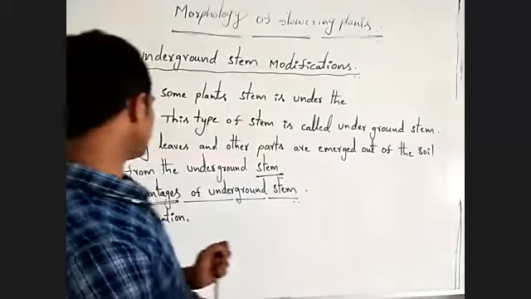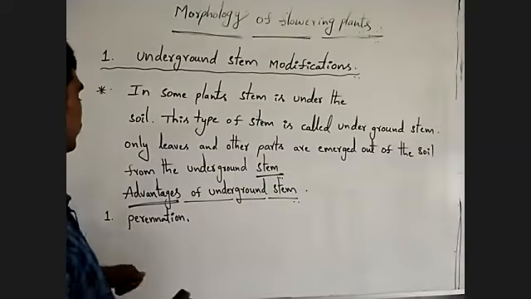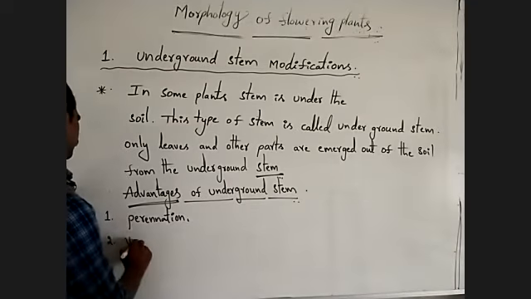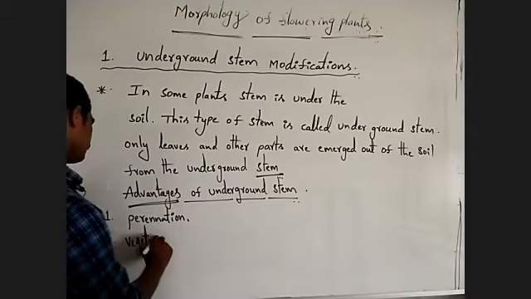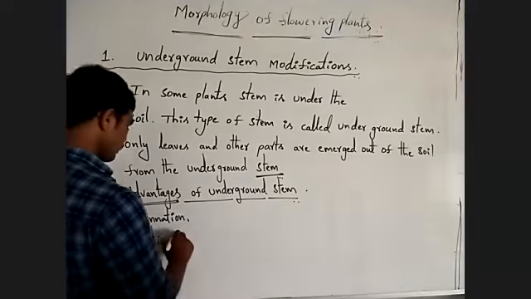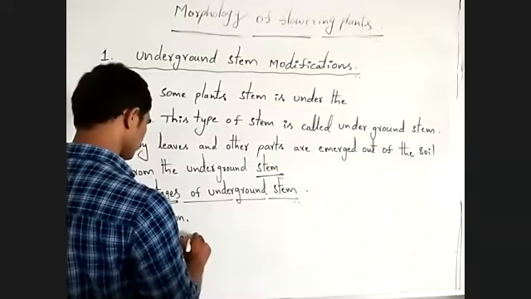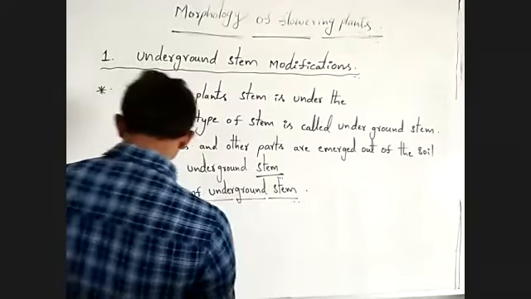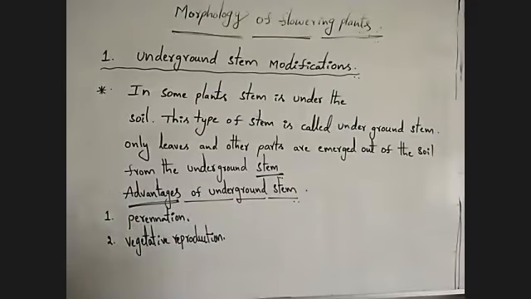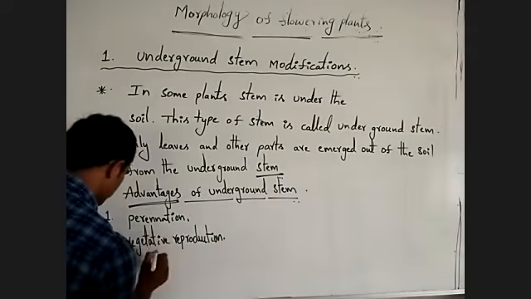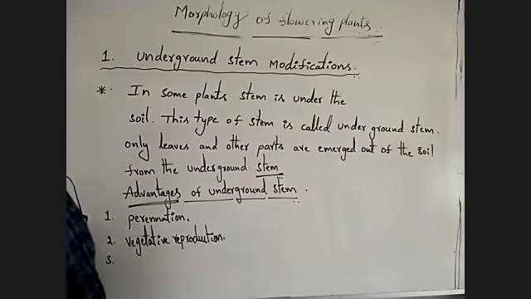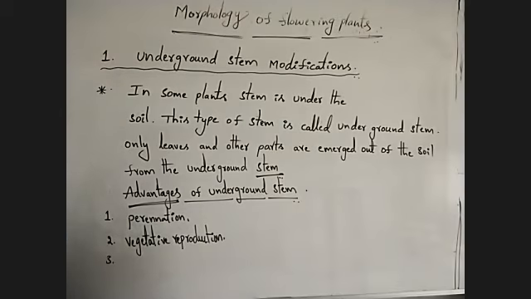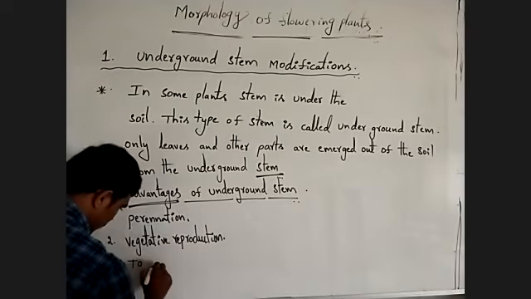This is perennation. Next, to perform the vegetative reproduction. Next, to store the food material.